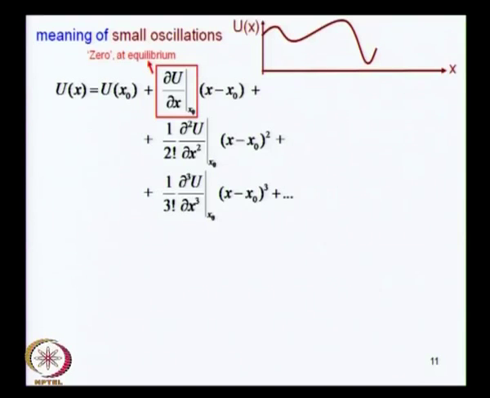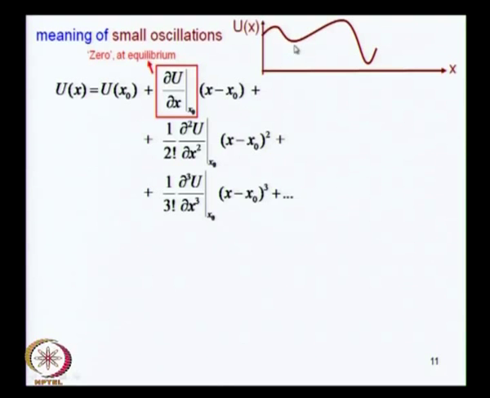So the powers of x minus x0 are increasing in successive terms, and if x minus x0 is small, then its square is smaller still, the cube is even smaller, the fourth power will be even smaller, and this series will converge very rapidly. And depending on the level of approximation you want to make, you can always find a region which is close enough to the equilibrium point, so that you can retain only this term in your approximation and ignore all successive powers of x minus x0.